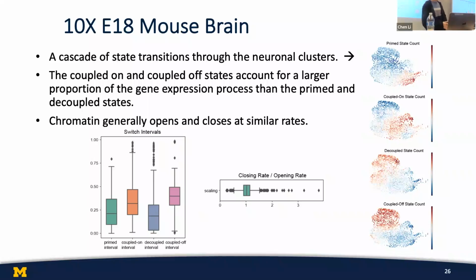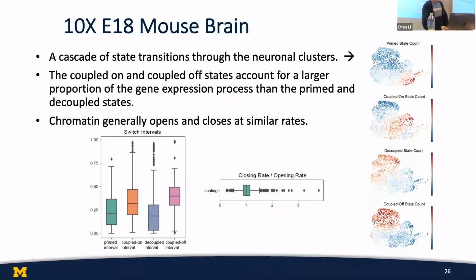I mean, decoupled is defined here as both the primed and decoupled intervals. Those are unmatched intervals. But for the coupled intervals, coupled on and coupled off, those are longer. This is expected because in general, we still expect that the chromatin accessibility and the gene expression to be highly correlated.